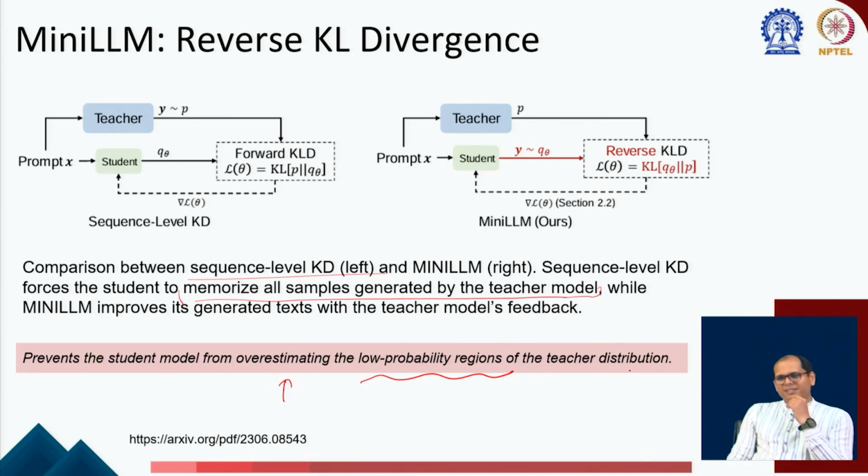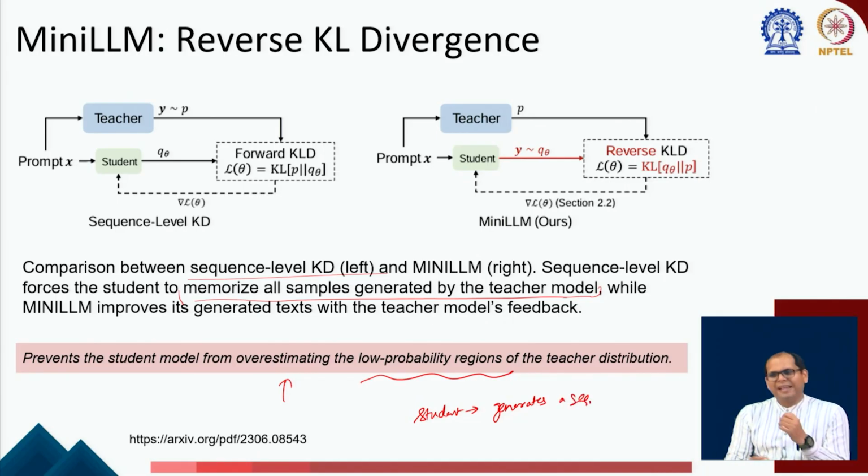So how to avoid this? They just reversed this idea. They said, let the student model generate a sequence first, and the teacher gives feedback on whether this is a good probability sequence or a bad sequence. This feedback can be as simple as just finding the probability: how much probability would I have given?